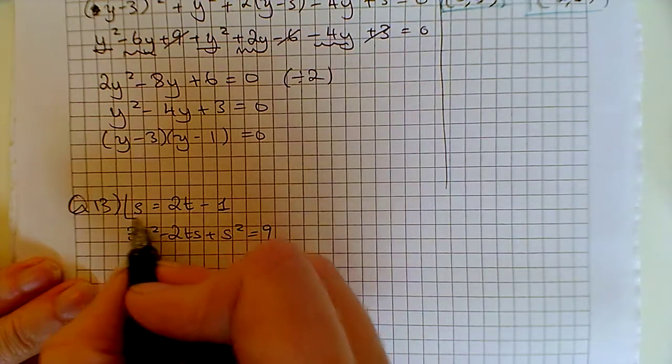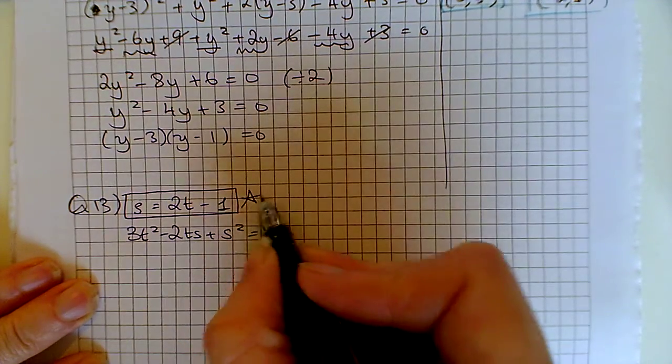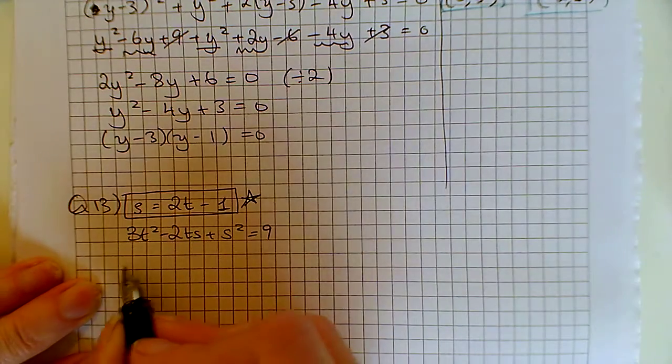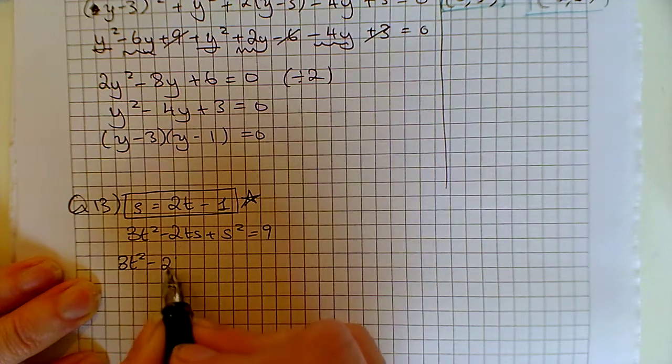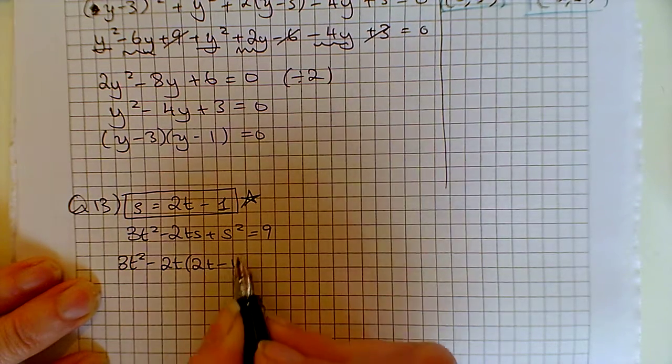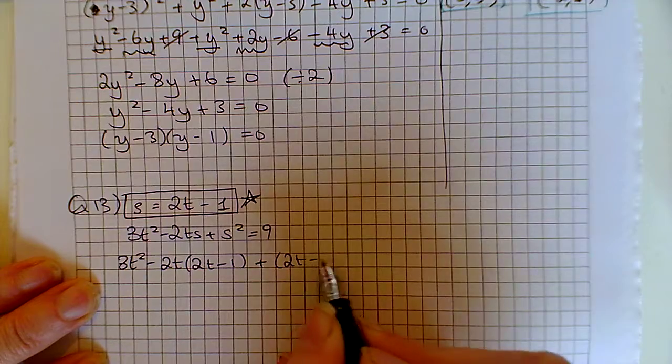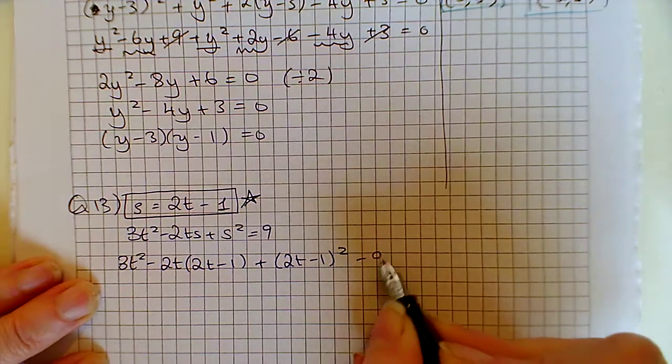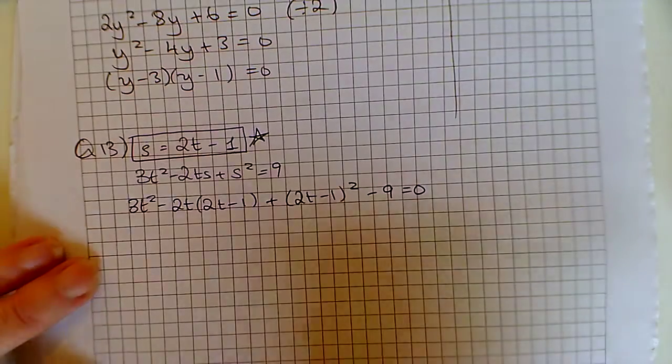S is already written in terms of t, so I already have my star equation and I sub it straight in here. I've got 3t squared minus 2t by 2t minus 1 plus 2t minus 1 all squared minus 9 equal to 0.